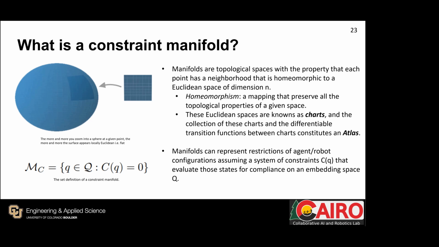And that right there is the very definition of what a manifold is. But more importantly, manifolds can represent restrictions of the agent or robot configuration, assuming you have a system of constraints that evaluate those things for compliance on an embedding space, usually the configuration space Q of the robot.